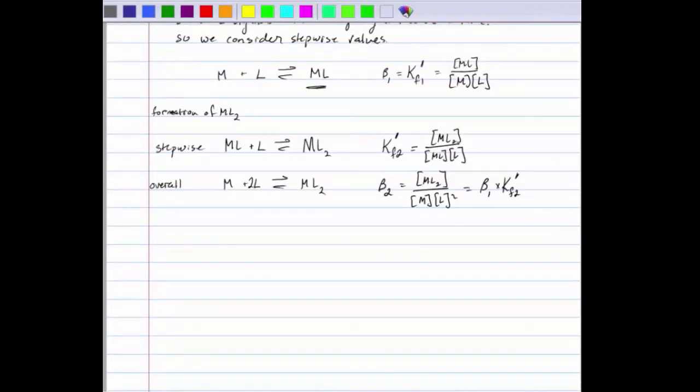So then you could do the same thing for formation of ML3. And you could do this for all the way up to ML6, but I'm not going to go that far. So you have your stepwise, which picks up from the last stepwise, which is ML2 plus a ligand, goes to ML3, and your overall which is just the naked metal plus 3 ligands.